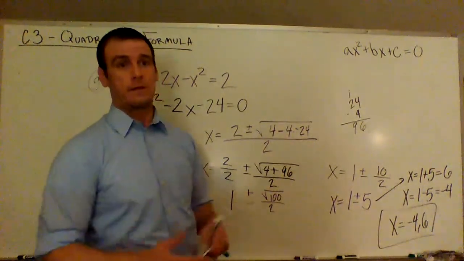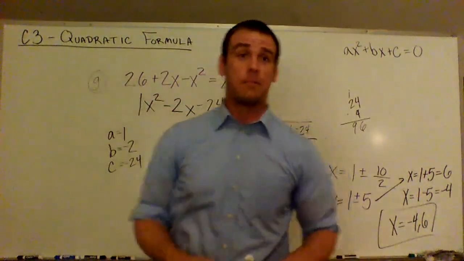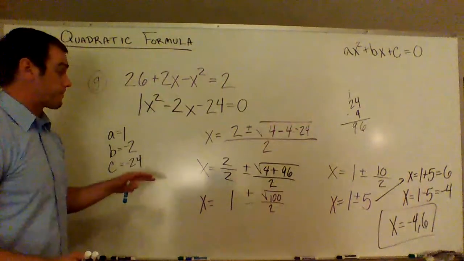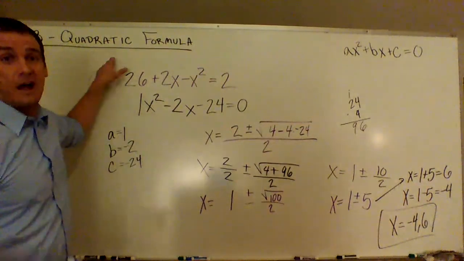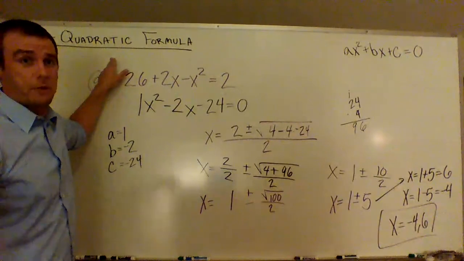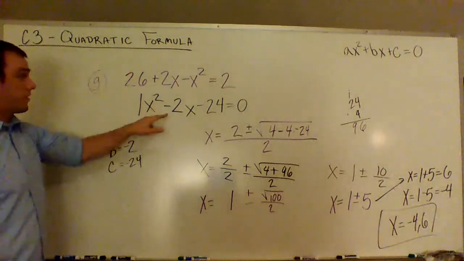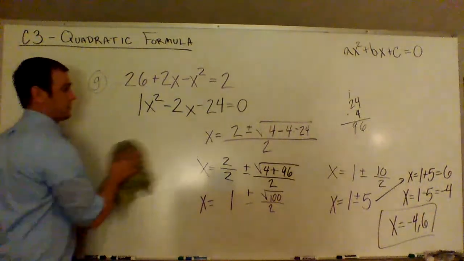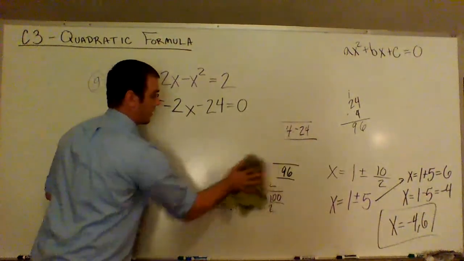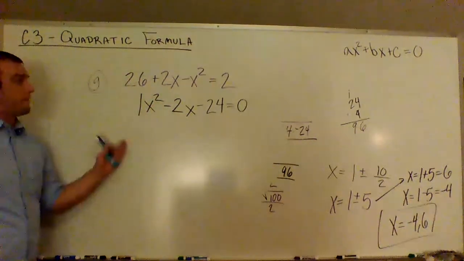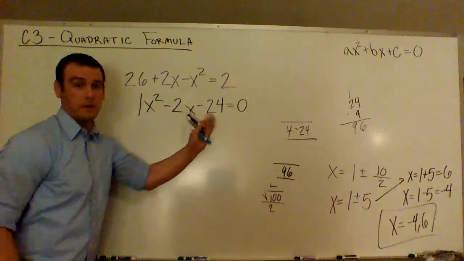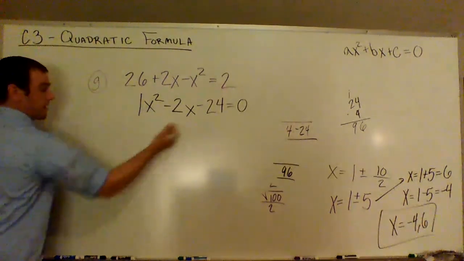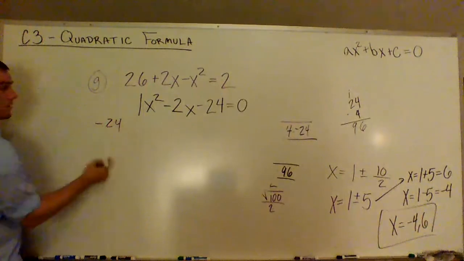Our next one, we're on C3 right here. So, like I said, C3, always do the quadratic formula. That's what I want you to do. But if we had gone back here, I just want you to see how much easier this would have been. So, if I want to factor, I do A times C. 1 times negative 24 is negative 24.